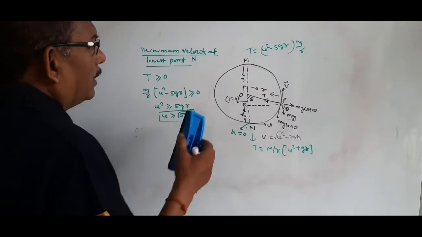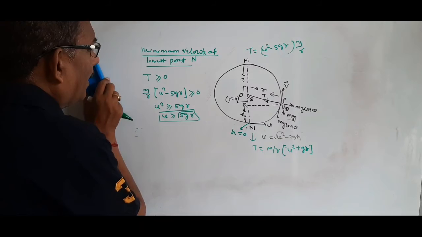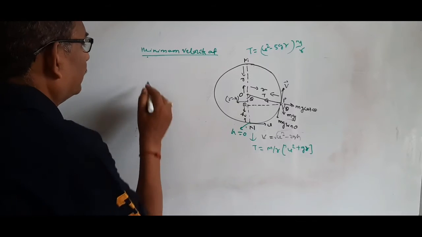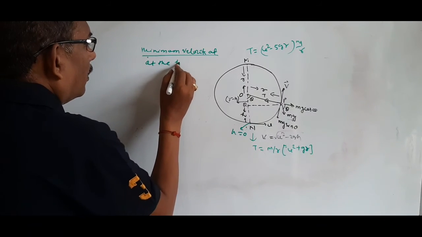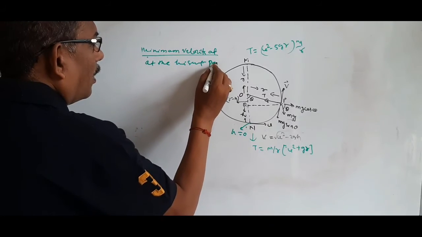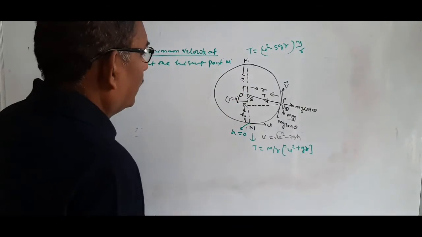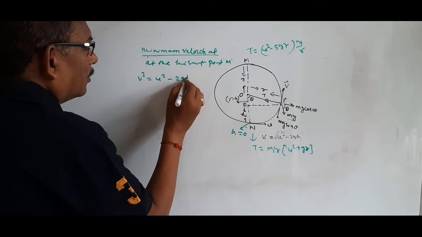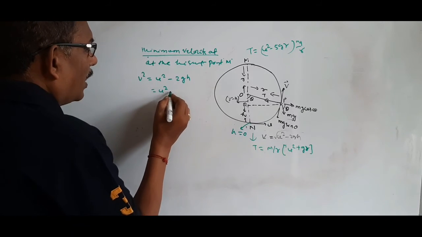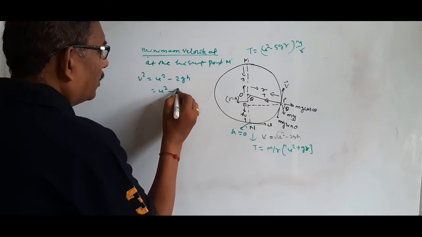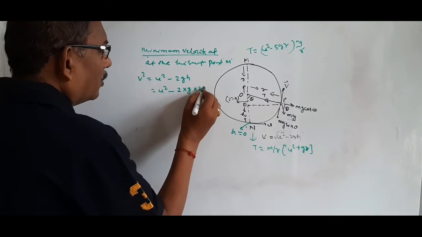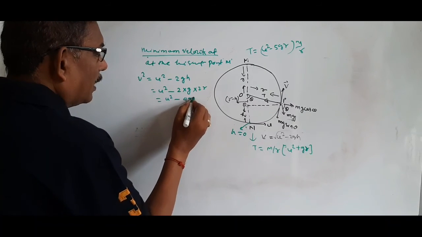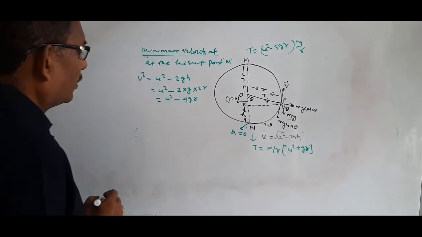Now the minimum velocity at the highest point M. For this, v square is equal to u square minus 2gh, that is, 2 into g into 2r, so u square minus 4gr.